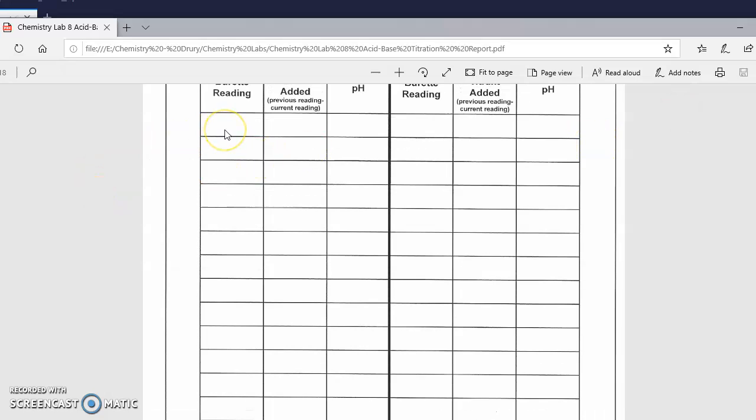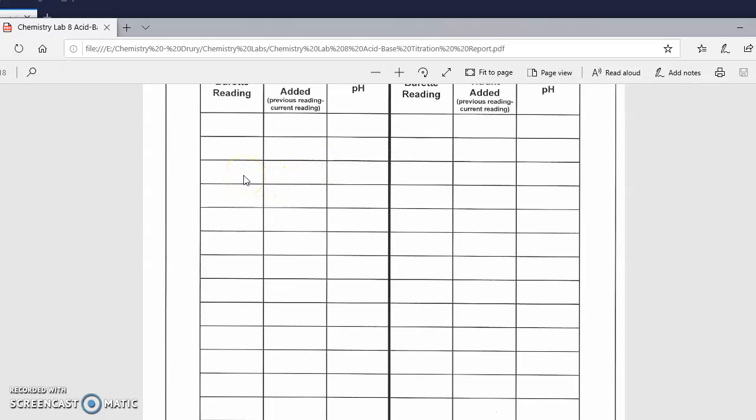We're starting off at 45 milliliters here again, 45.00. And at 0 addition, our pH now is 3.00. For 44.00, in other words, we've added 1 milliliter, the pH is 4.05.